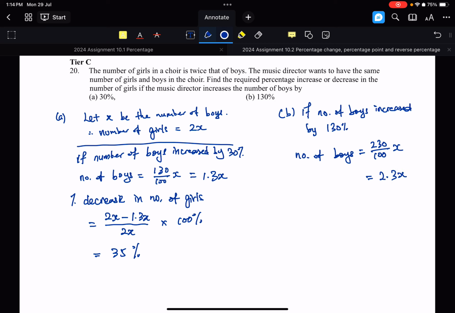But 2.3x is actually more than 2x, right? Therefore, this time round the percentage increase in the number of girls will be equal to 2.3x minus 2x over the original amount times 100%. Pressing your calculator, you should get 15%. So what this means is that if I increase the number of boys by 130%, I will need to increase my number of girls by 15% so they are the same amount.